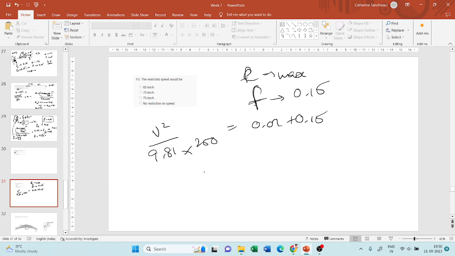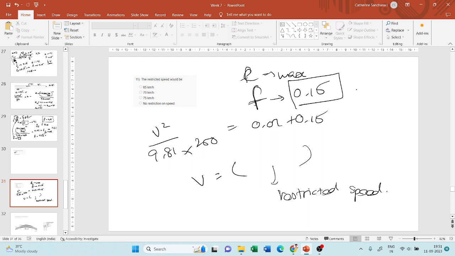If you substitute for all these and find the speed, you will get a value. Okay, so that will be the restricted speed. Now this is for the 0.15 case. For my problem, my F is less than 0.15, right?